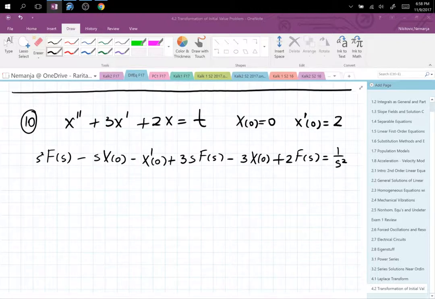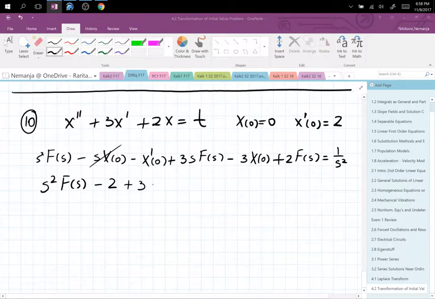That's the Laplace transform. Like, look at the book. Yep. So now we plug stuff in. This one dies. This one dies.